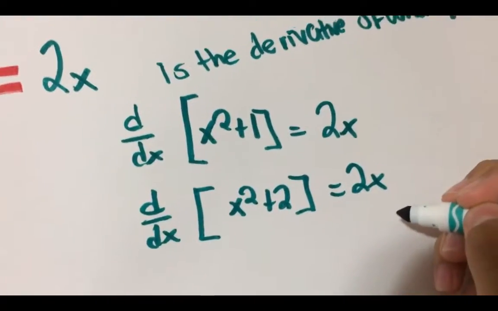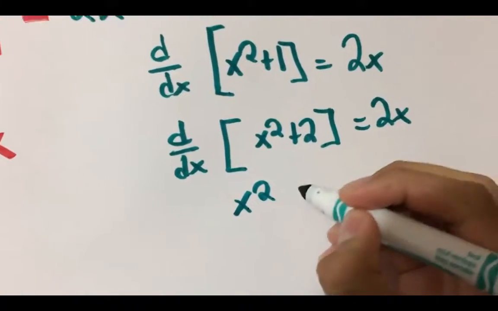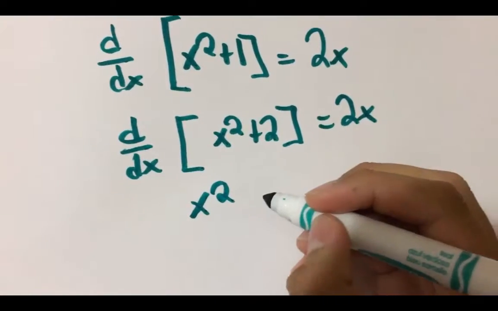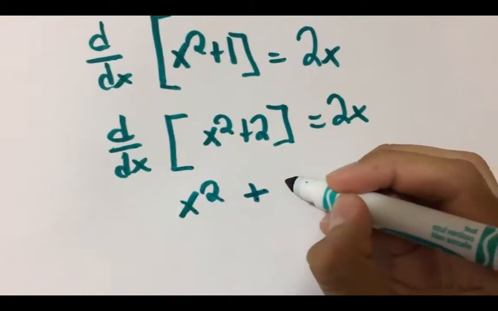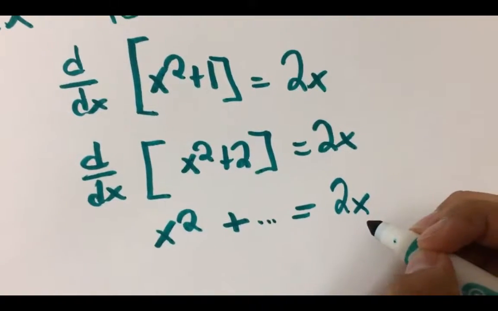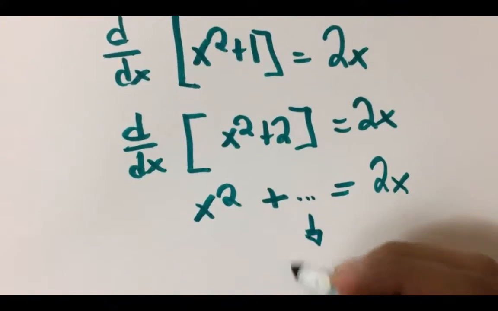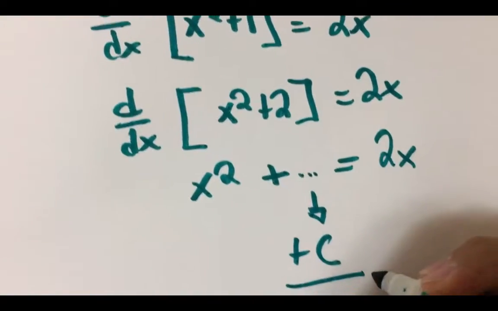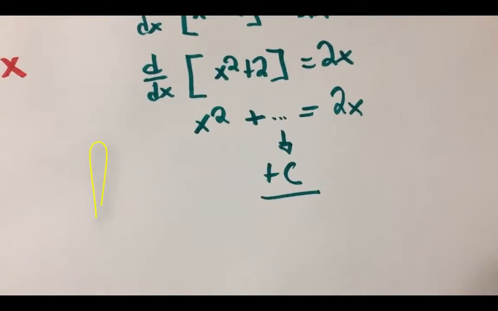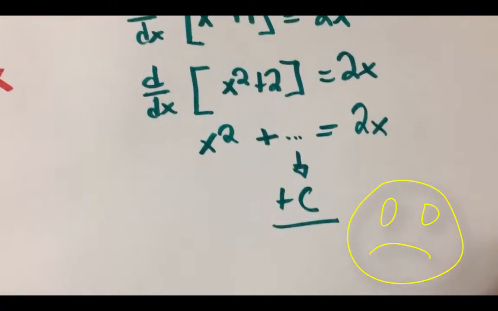It's 2x still. So x squared plus any constant will give 2x. And for any constant, we put a big C. So don't forget to put a big C there, because any calculus teacher will mark it wrong if you forget to.